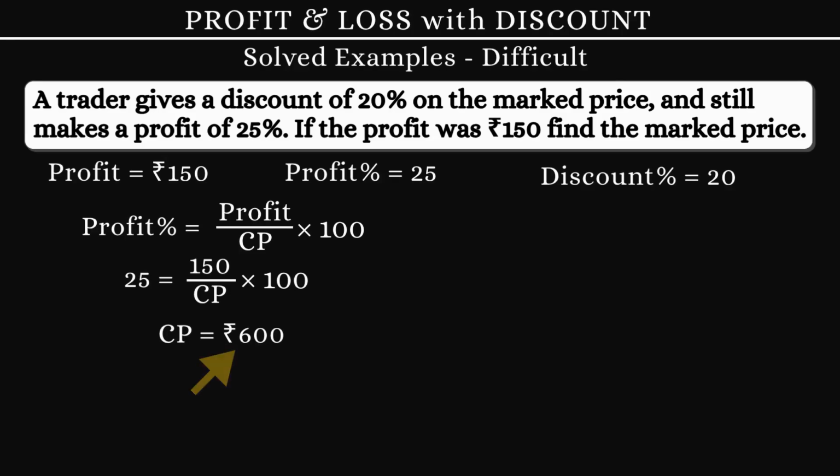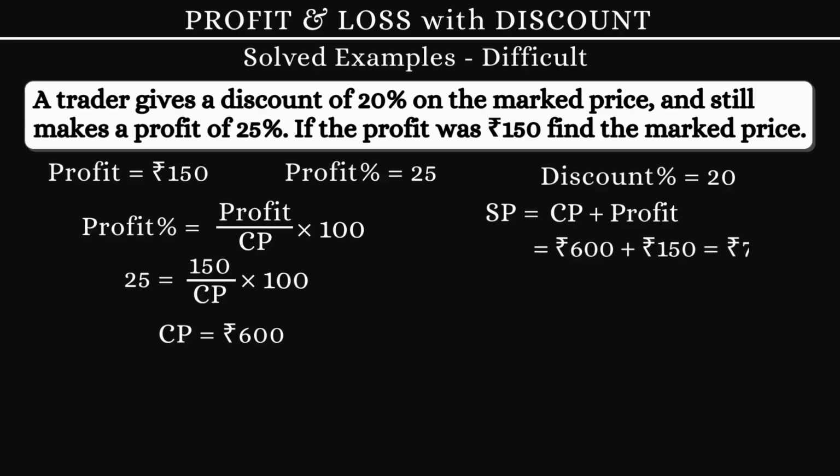Now we have the cost price and the profit. When you add these two, you will get the selling price. So 600 plus 150 will be 750 rupees. Now let's find the marked price. Let's use this discount percentage and the selling price. We know that 20% discount is given.